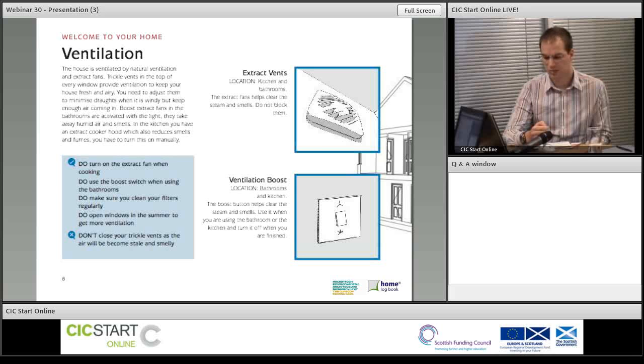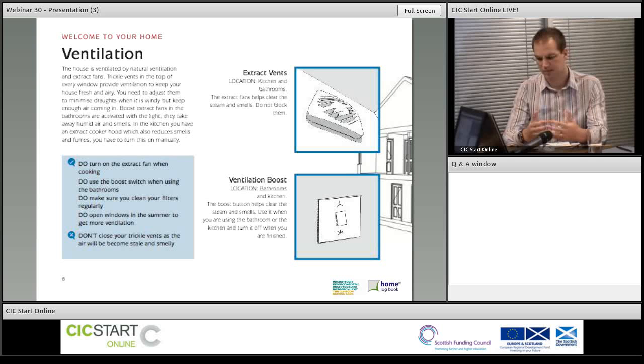People perhaps don't understand how to use trickle vents efficiently, extract fans, and when they should be used, and so on. So irrespective of the house, even if it doesn't have a fancy MVHR, initially we conceived this because of the emergence of mechanical ventilation in homes, quite significant emergence. But I think irrespective, ventilation is an important aspect to include in this, even if it is fairly straightforward.